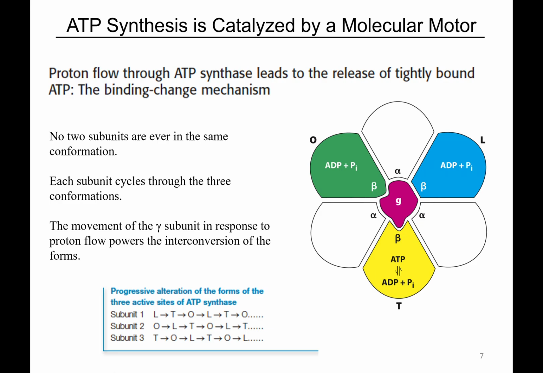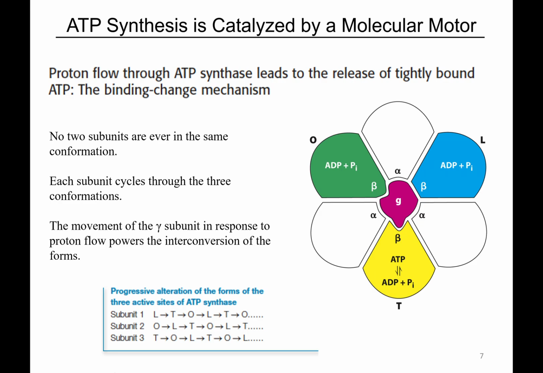It converts the yellow one from T to O. So the ATP that was made is now able to release, and a new ADP and a new inorganic phosphate can bind. And it converts the green one, which was O, to L, so that the substrates that are bound are now locked into place.